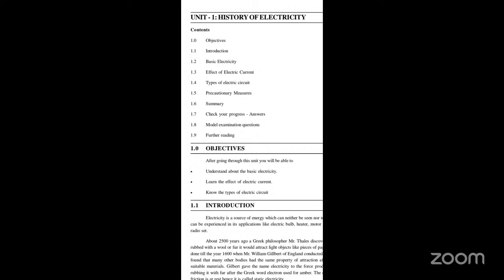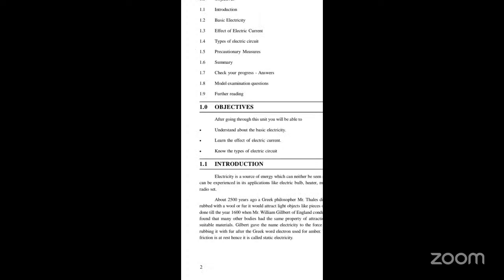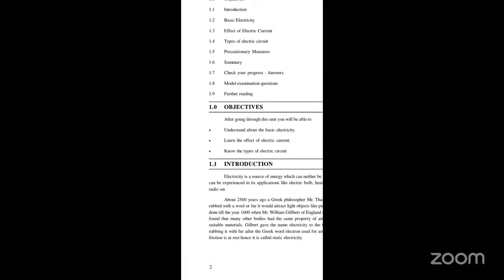Electricity is a source of energy which can neither be seen nor touched, but its presence can be experienced in its applications like electric bulb, heater, motor, and electrically operated radio set, etc.